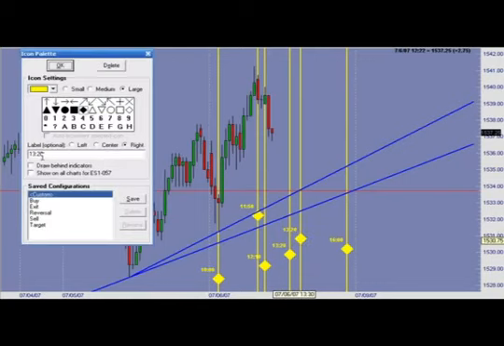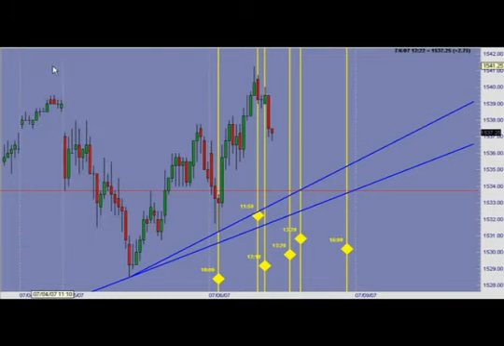So we're going to be looking at 1350 a little later to see what we have. But right now the market is proceeding lower, and so we're not looking to buy until we get to another reversal.